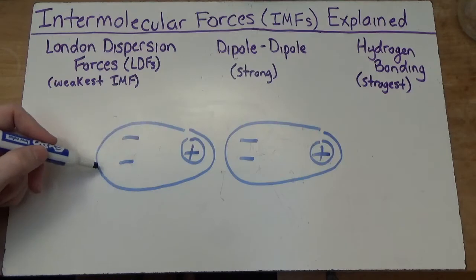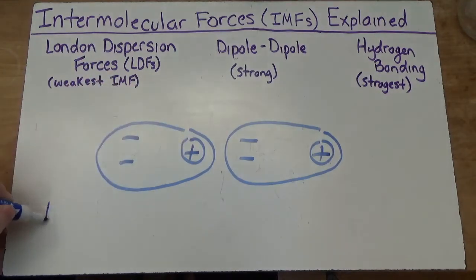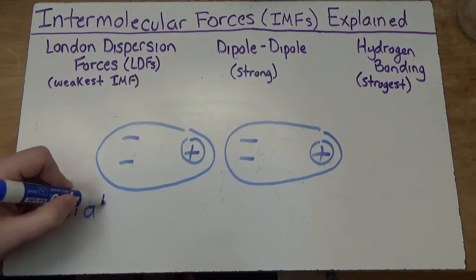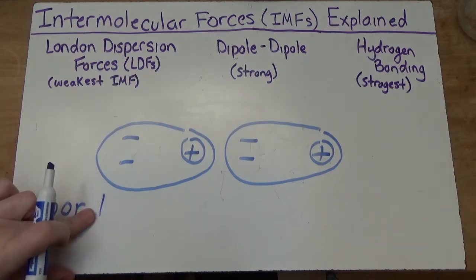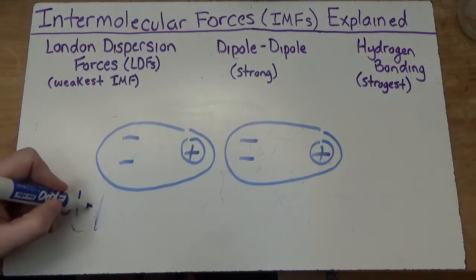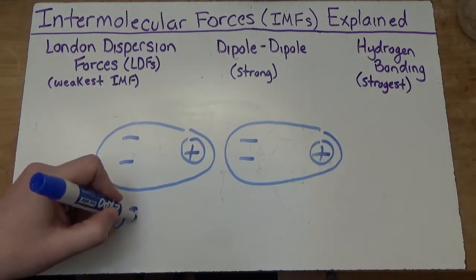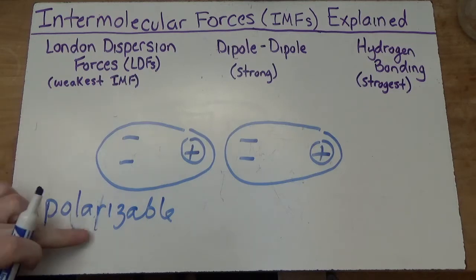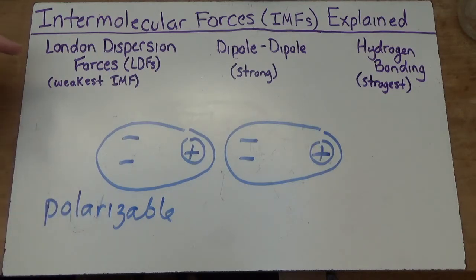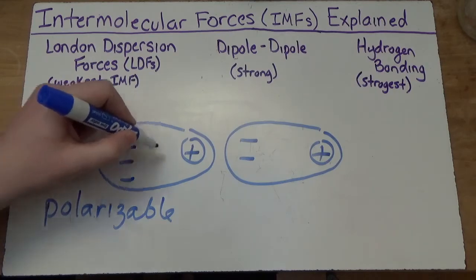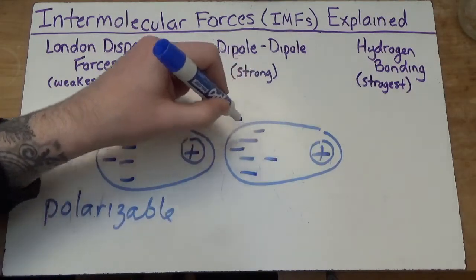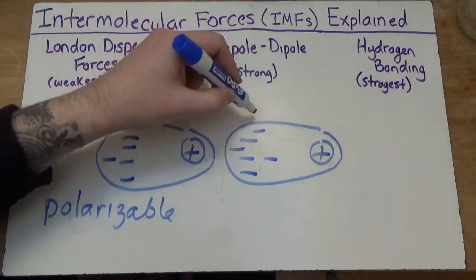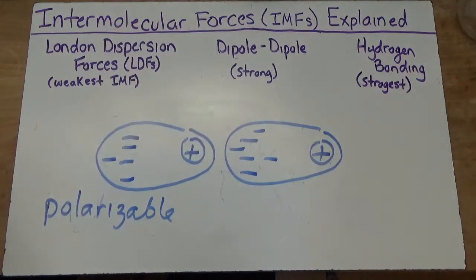The ability to warp like this is called polarizable. The more electrons you have, the more polarizable you are, and the stronger your London dispersion. Right? If I can fit more electrons on this side, then this side is going to be more and more negative.